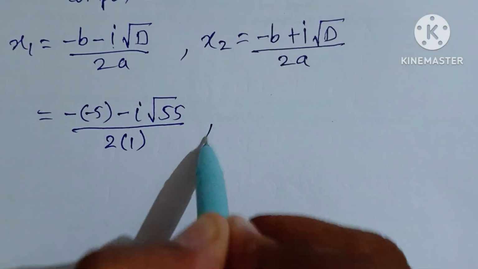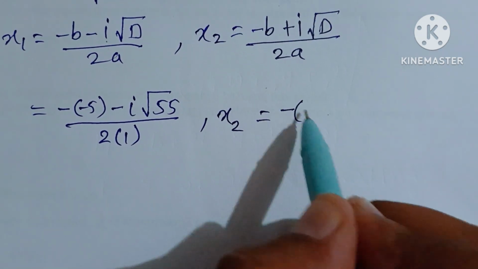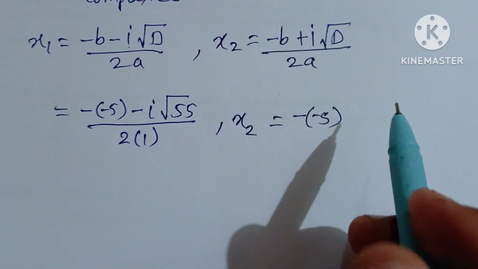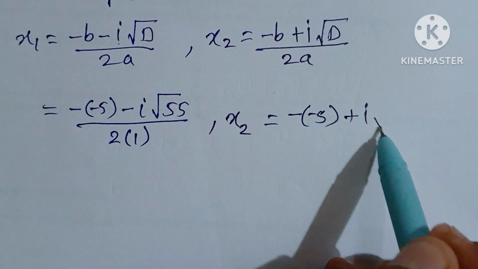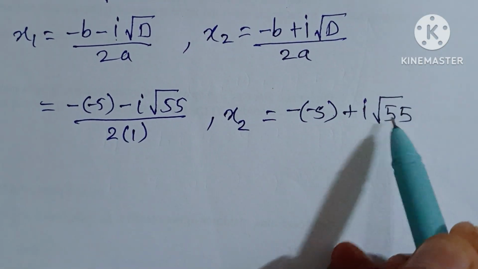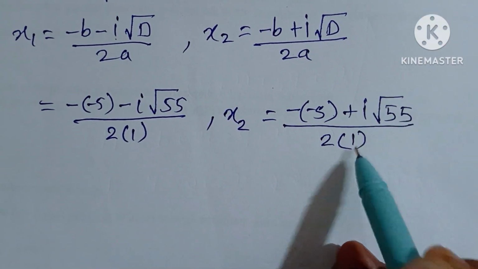And x2 equal to minus 5 plus i root 55 divided by 2 into 1.